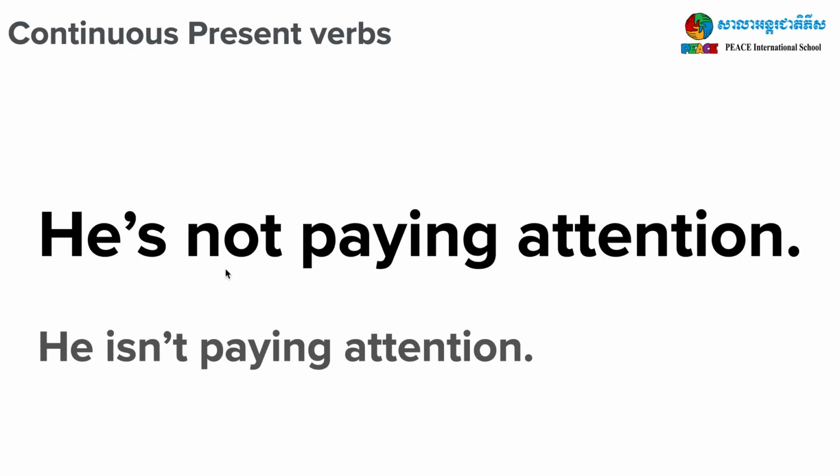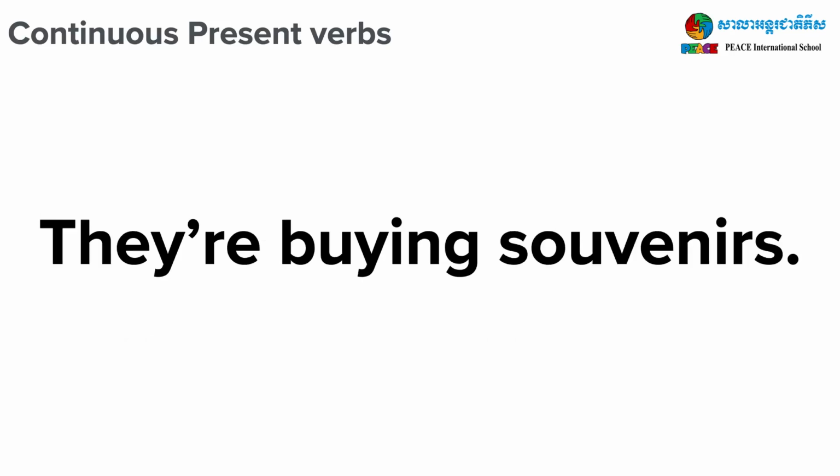And the same as before, you can also say he isn't paying attention. It's the same. He's not or he isn't. He isn't paying attention. He's not paying attention. Both are negative, continuous present.